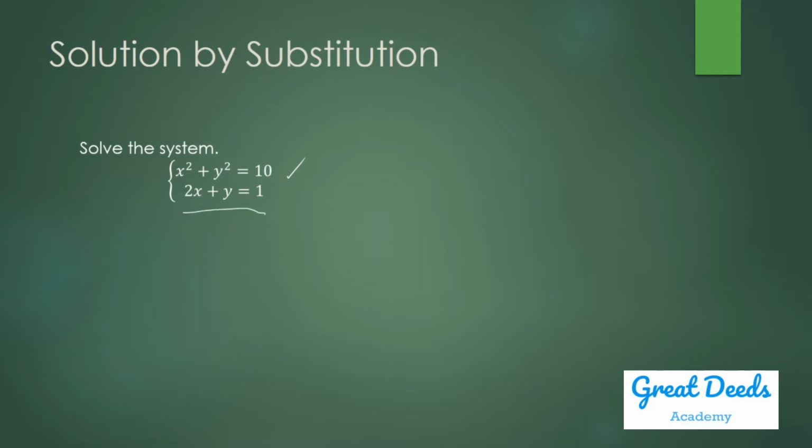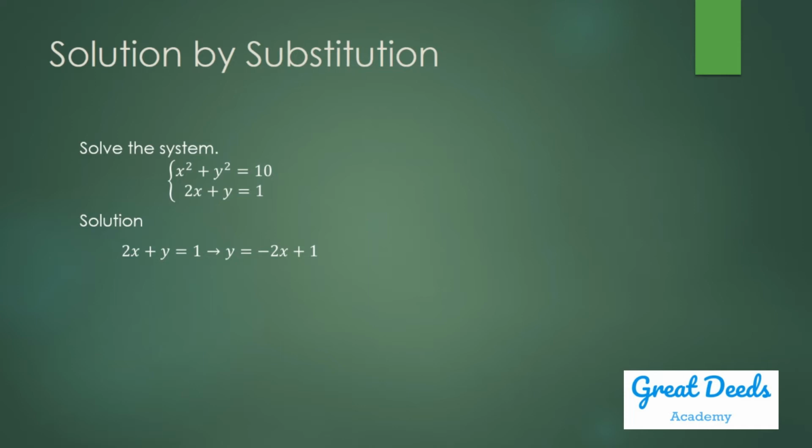So in effect, we are looking for the points of intersection. Does the system have a point of intersection? Will the line intersect the circle? Let us solve this by substitution. From 2x plus y is equal to 1, we can write y is equal to negative 2x plus 1.